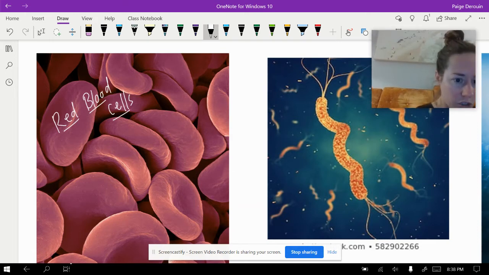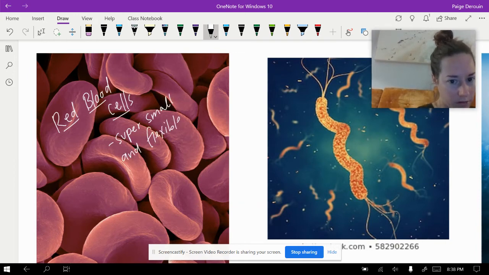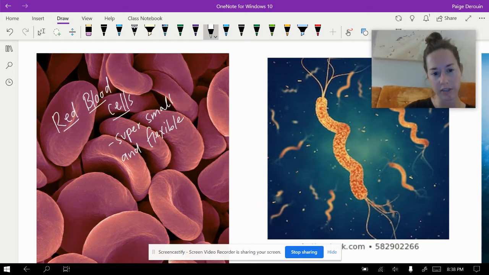But they are super small and flexible. They actually don't even have a nucleus. They are small and flexible because they have to be able to fit through tiny, tiny blood vessels in your body called capillaries.